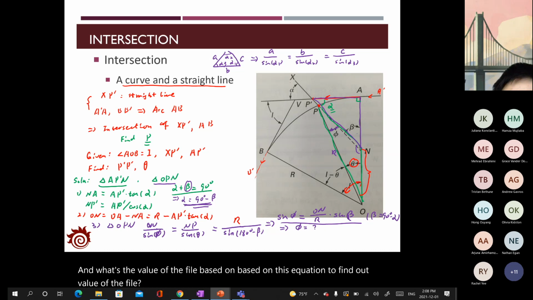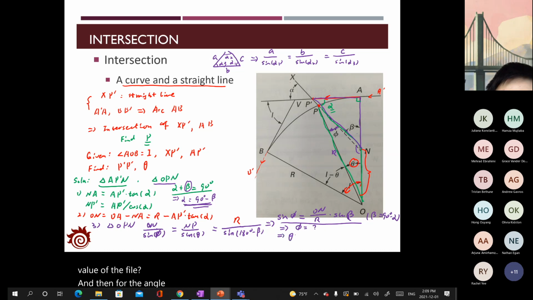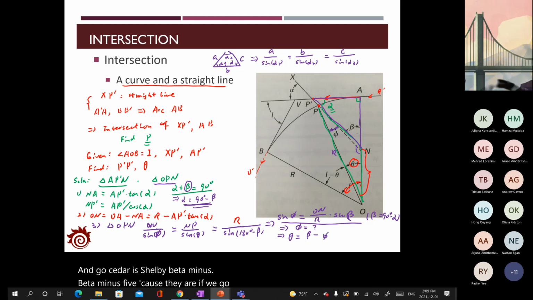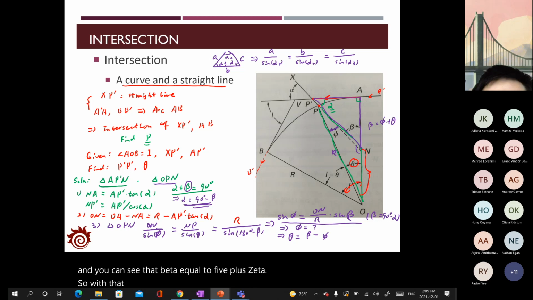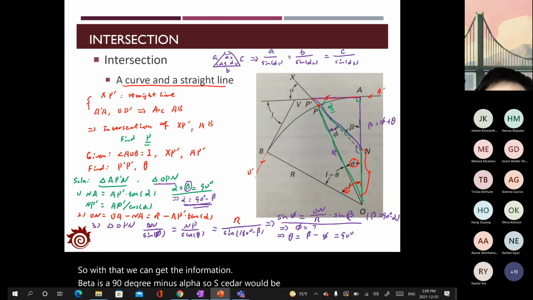And then the angle theta should be beta minus phi, because if we check the property of the triangle, beta equals phi plus theta. Beta is 90 degree minus alpha, so theta would be 90 degree minus alpha minus phi.